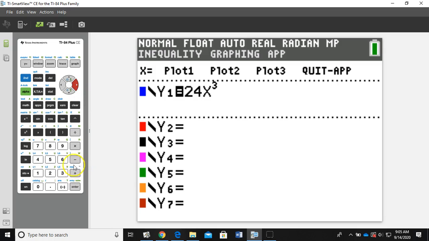Then what? Minus 14x squared. Minus x plus 1. Hold on, I'm screwing things up. Okay. And then what? Minus x plus 1.